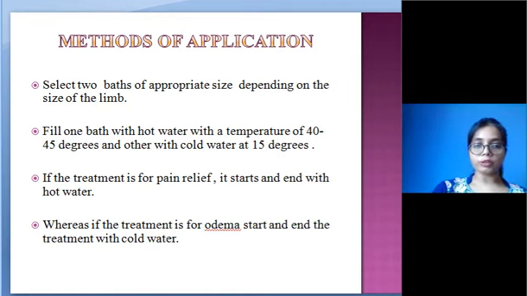Open wounds are a contraindication for that. If we are giving the treatment for pain relief, we need to start and end the treatment in hot water. Whereas if we are giving the treatment for edema, we have to start and end the treatment with cold water.